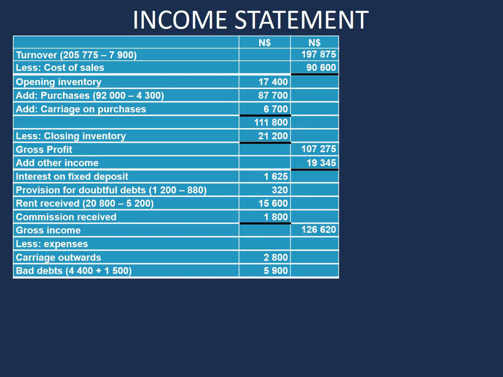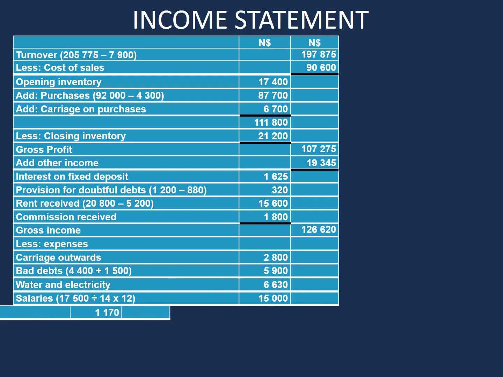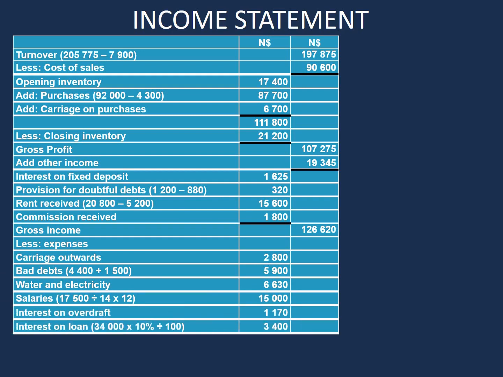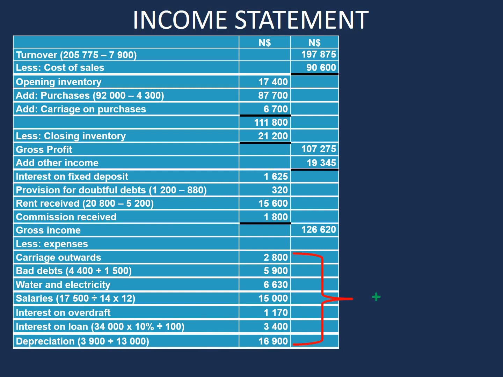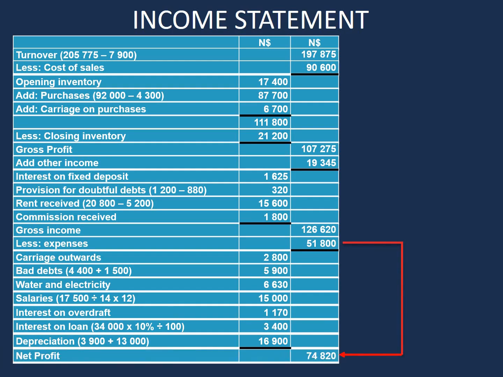Then we get bad debts, water and electricity, salaries, interest on overdraft, interest on loan, and finally depreciation. Then we add up our total expenses and subtract them from our gross income, and once we do that, we will get our net profit.